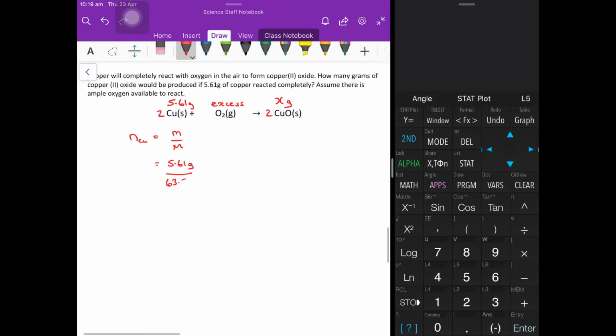63.55 grams per mole. And that is equal to, let's go to our calculator, 5.61 divided by 63.55. That's equal to 0.0882769472856. So quite a long number.